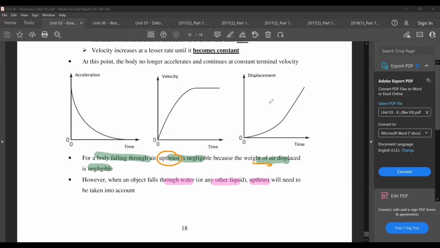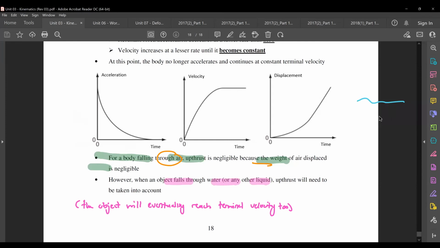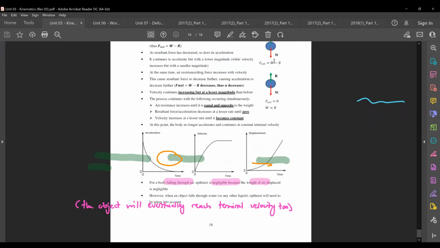Okay, so the object will eventually reach terminal velocity too. Let's say, for example, I have the same ball that I was just dropping through the air, but this time I drop it inside water.